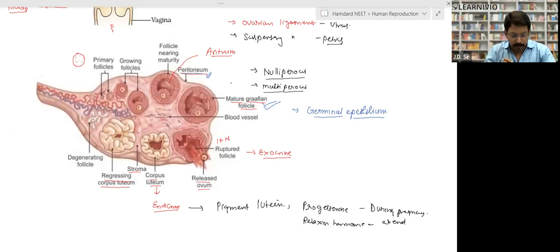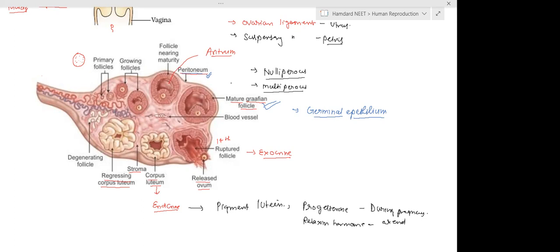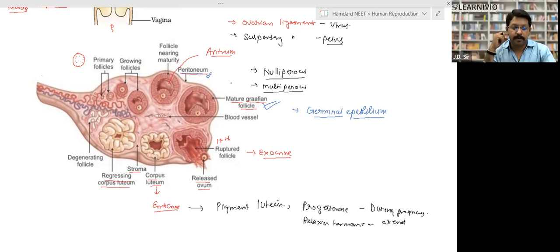Next point. The Graafian follicle ruptures on the 14th day and releases the ovum.